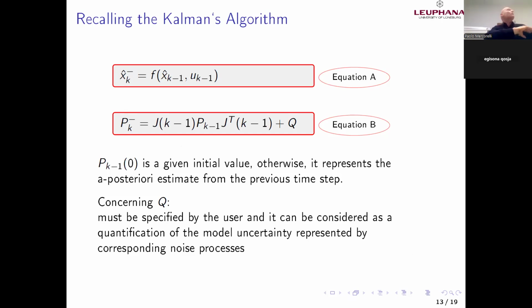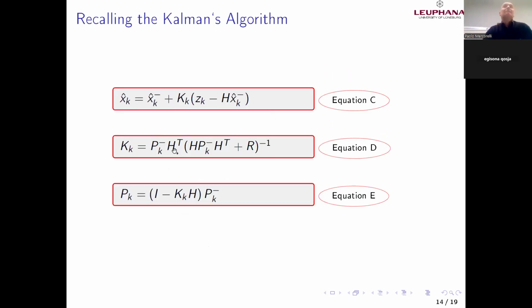Do you remember I told you about the Taylor approximation? Very important is also this element Q, which is also present in the linear case, but in this case it is probably more important, because in Q I summarize what I approximate with Taylor.